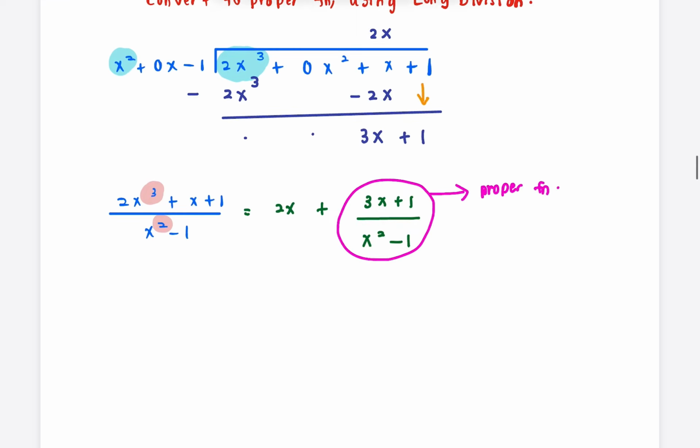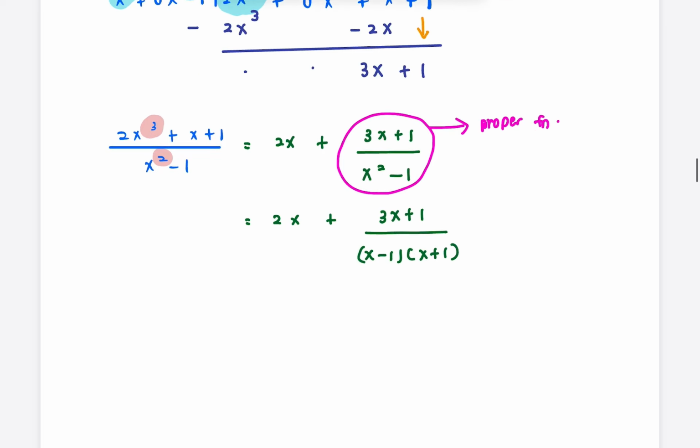Linear factor only. So you have, this one just follow 2x. You have 2 small fractions, which is x minus 1, and the second one is x plus 1. And then the numerator will be constant only. So let's say this is A, this is B. Okay. So this one you are applying rule A, which is linear factor.